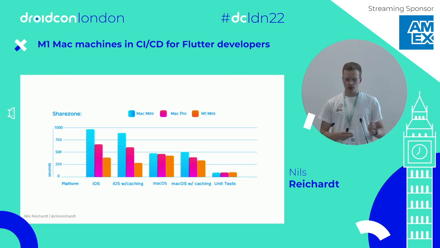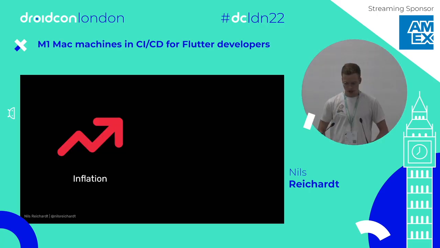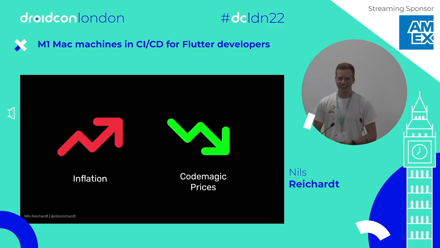Last week, I saw a lot of tweets confirming this, because something happened with a CI/CD provider, Codemagic. I need to take a step back to prove these numbers. Maybe you know that inflation goes up and all prices go up for every company. And Codemagic is doing some weird things. For example, they are just decreasing the prices, and they changed their business model.